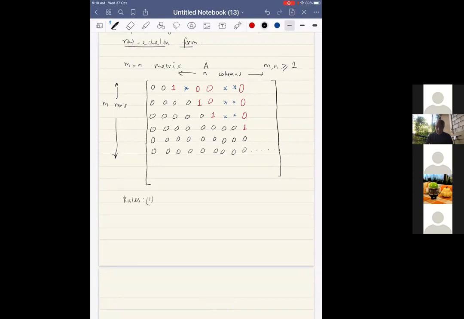One, in each row, the first non-zero entry reading from the left is one. By one I mean the number one.